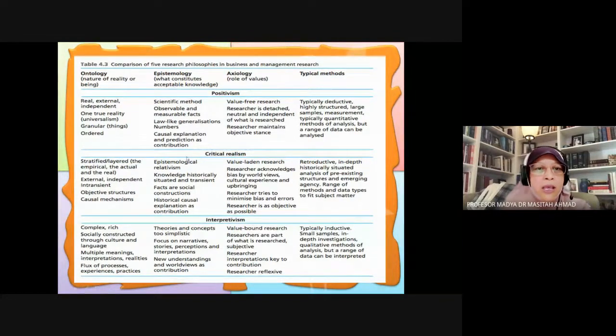And the last one here is typically inductive, small sample, in-depth investigations, qualitative methods of analysis, but a range of data can be interpreted. So it's suitable for you to use these kinds of research philosophy.